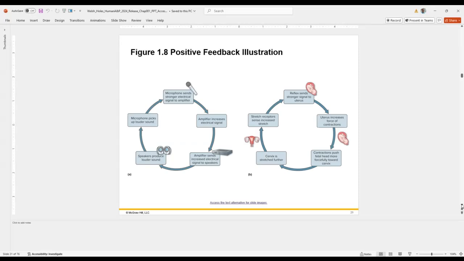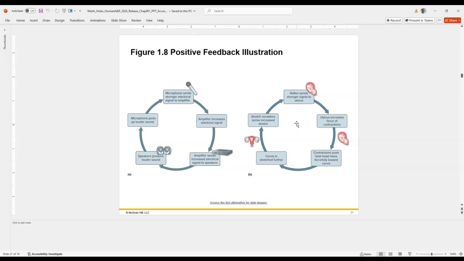And the example this textbook uses for positive feedback is like a microphone sending a stronger electric signal to an amplifier, which increases the electrical signal, and then that amplified sound goes back into the microphone again, and so it's continually being louder and louder and louder.